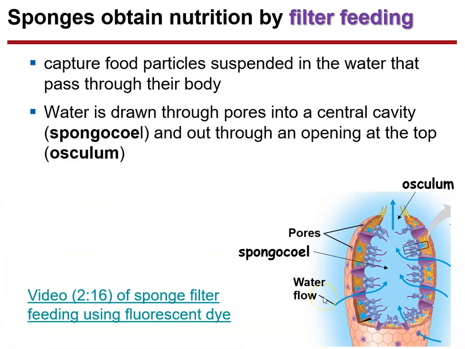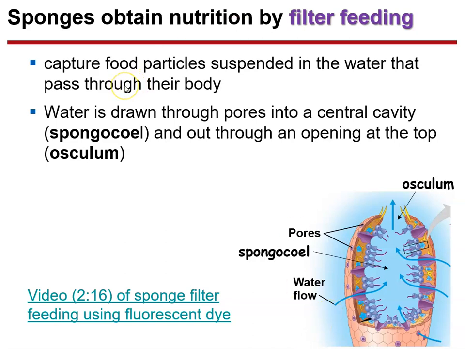So, while we're talking about their mode of obtaining food or nutrition, you'll see some of those examples of different types of cells, because basically sponges are filter feeding particles of food out of the water. That's how they get their nutrition. They capture particles that are suspended in the water as they pass through their body.